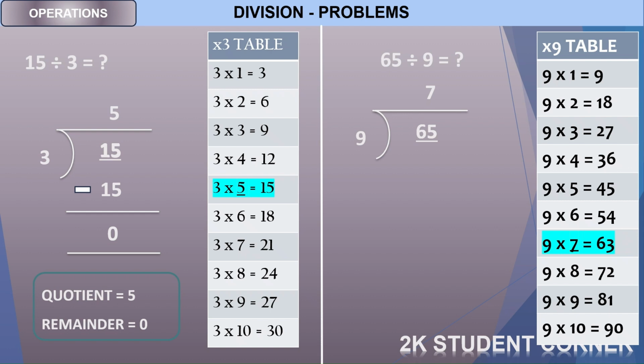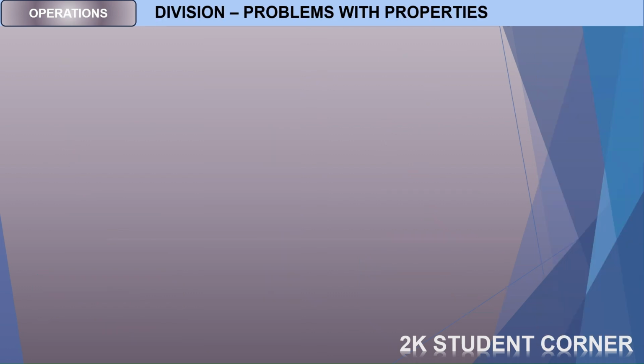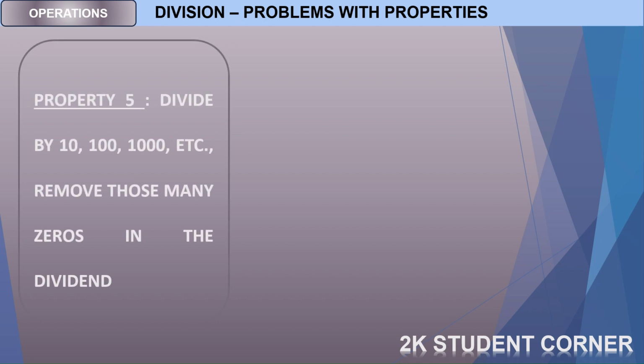Since we need a lesser number than the dividend, place 7 in the quotient place. 63 below the dividend. 65 minus 63 is equal to 2. Answer. 7 is the quotient. 2 is the remainder.